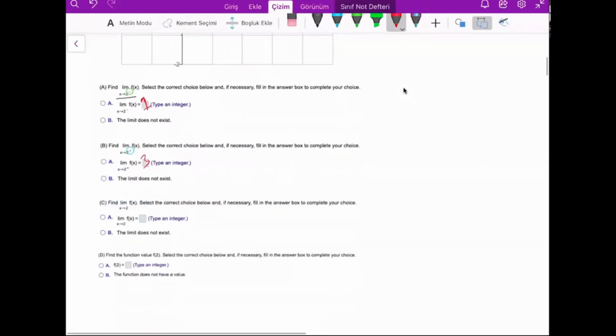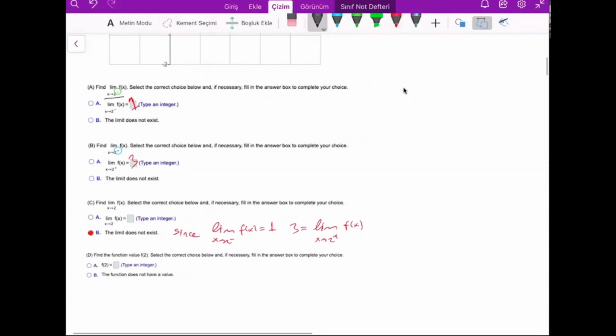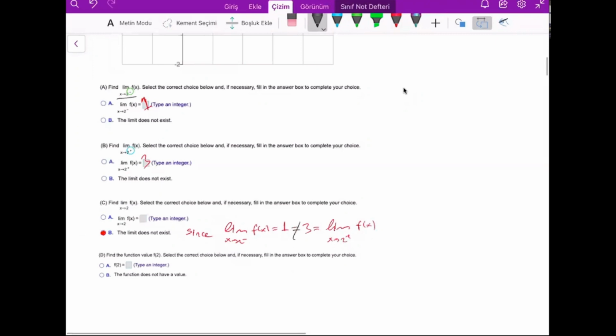So here, the limit does not exist, since the limit when x approaches 2 from the left hand side of f of x equals 1 and the limit when x approaches 2 from the right hand side of f of x equals 3. And since these are different, the limit does not exist.